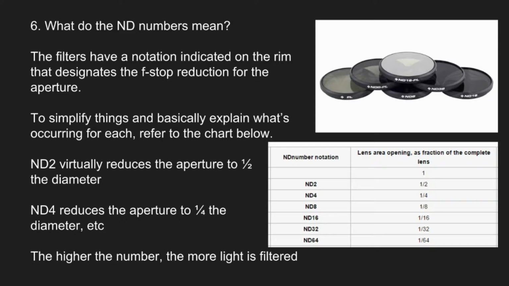I imagine very quickly as you were getting towards 32, 64 that things get very dark. Typically, those of us that are using these for videography appear to fluctuate between ND4 and ND16. Typically, also ND4 and 8 are what we use, and those are in the basic filter packages that we purchase. So with the ND number, the higher the number, the more light is filtered.